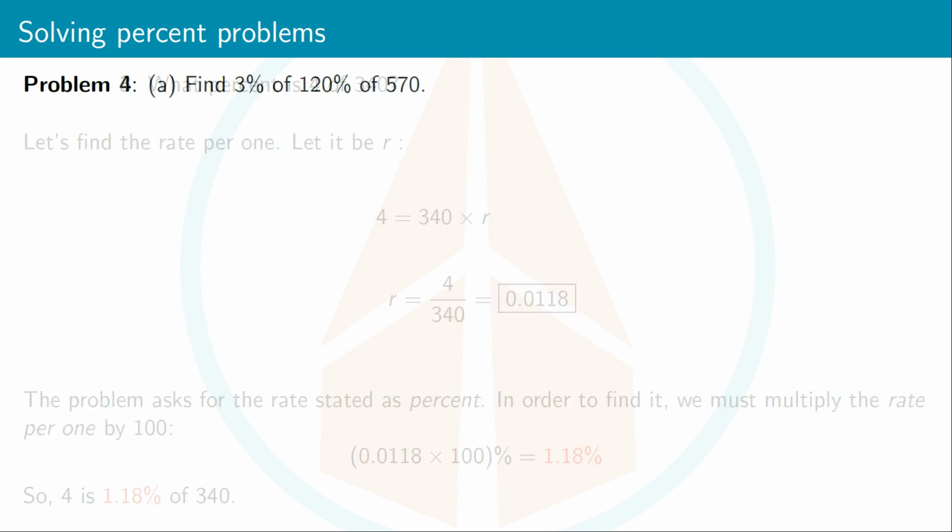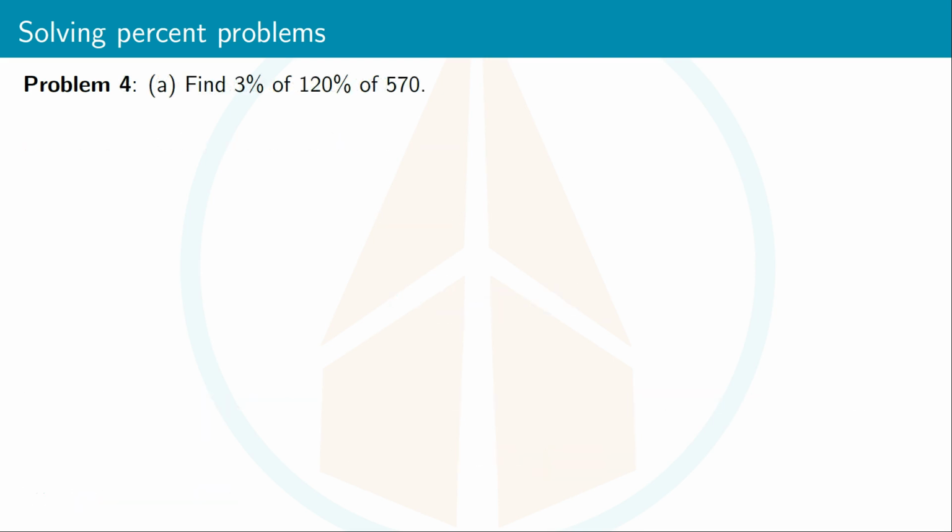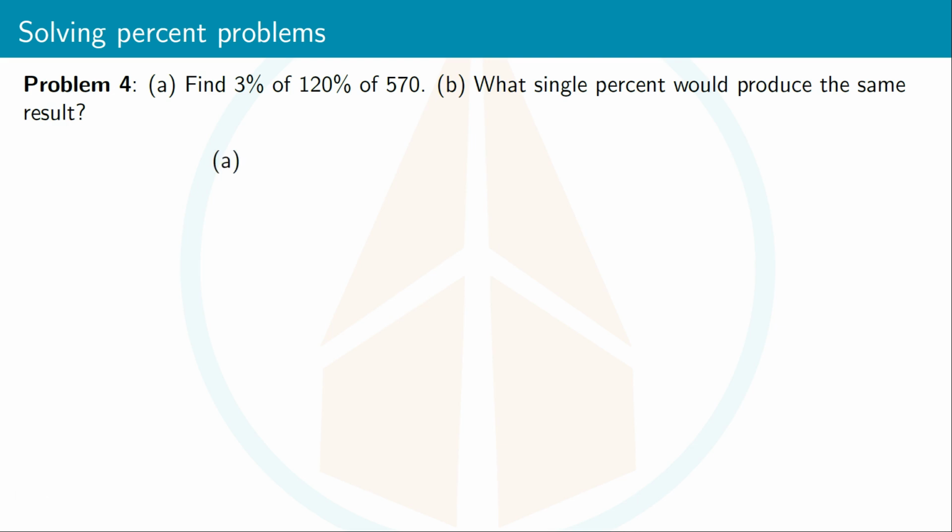Let's now proceed to problem 4. In this problem we need to find 3% of 120% of 570. I'll ask one more question here, and that is, what single percent would produce the same result? Let's start with A. In part A, we're given the base. First of all, we need to find 120% of the base.